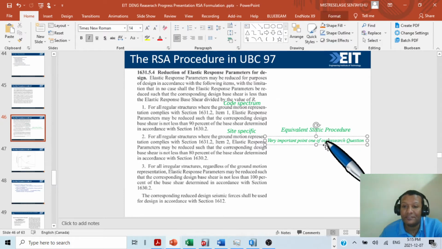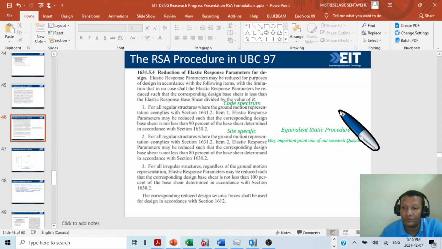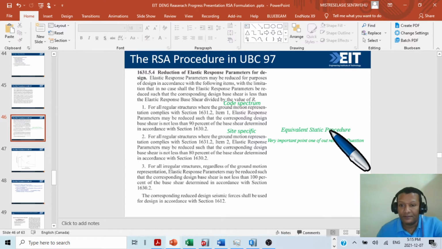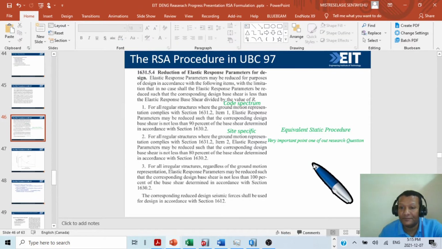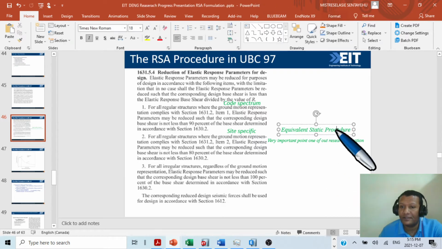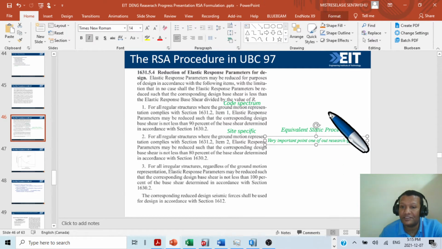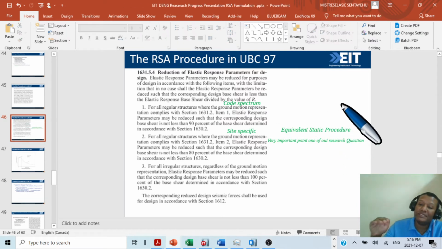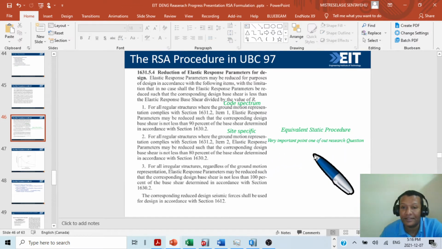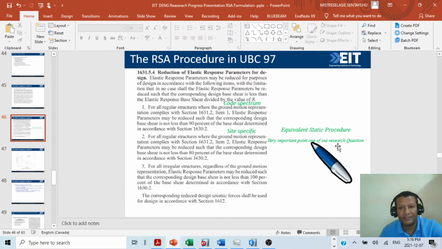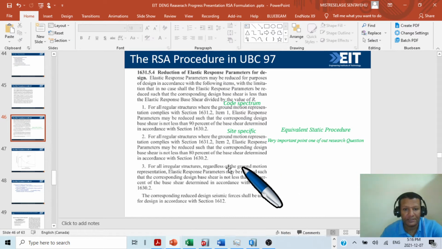So the main point is ELF will not consider the higher mode effects, but even so, the base shear found from the ELF static procedure should not be less than the dynamic response spectrum analysis or time history analysis, whatever we do. The base shear or any response we find from this should not be less than the equivalent static procedure. That is the point.